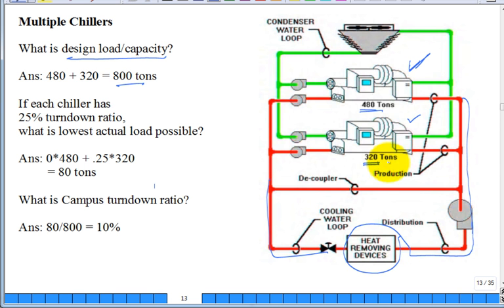So what you would do is shut off the big unit and take the smallest unit and turn it down to its maximum amount, which means I could get down to 80 tons of cooling with this two-chiller system. So for the campus, what's the turn-down ratio? What was the max? 800 down to 80. So it's a 10% turn-down ratio.